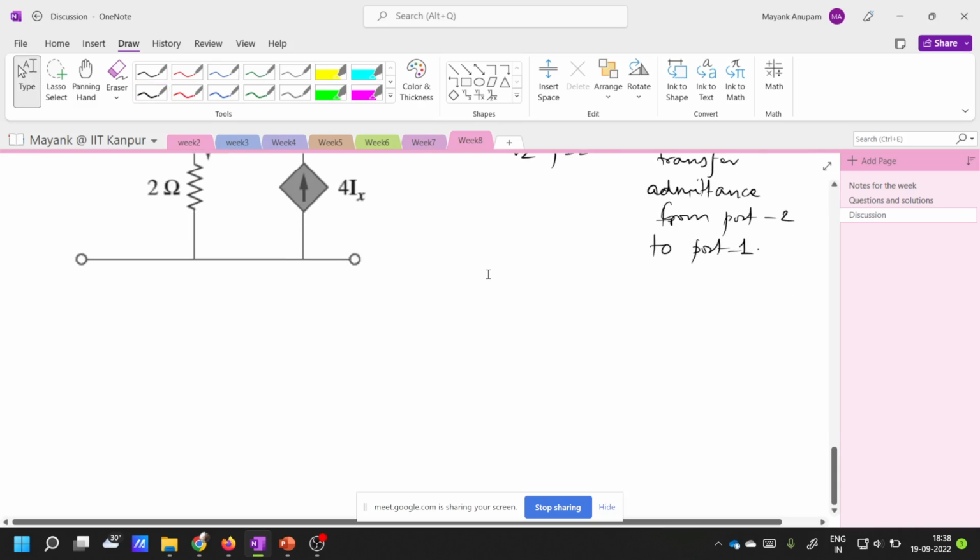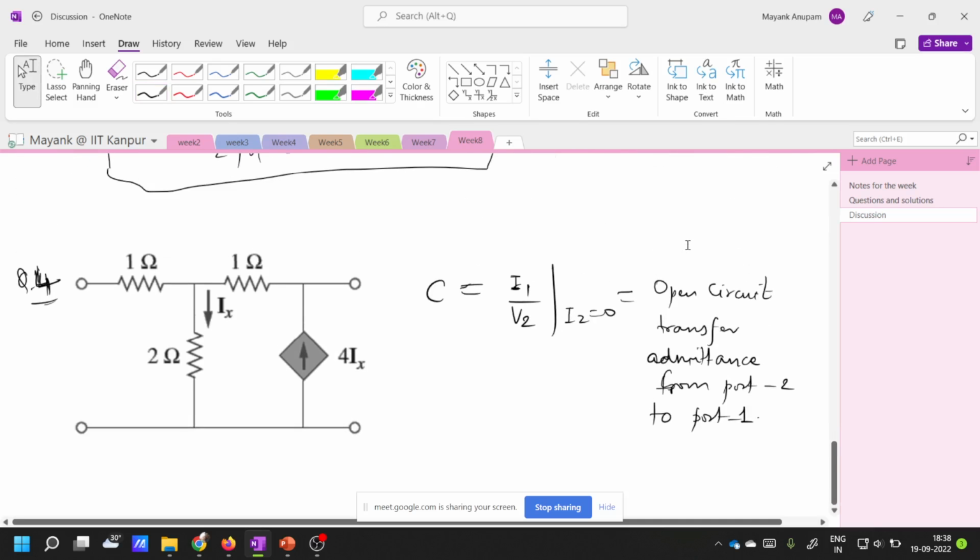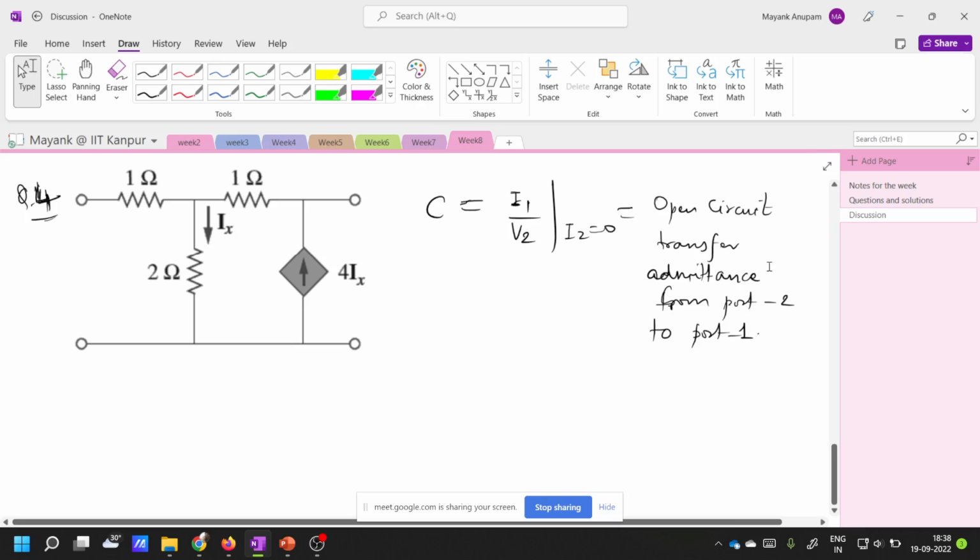Okay, I guess by now you are very comfortable with the terminology here. The terminology that is written here is consistent with what I have been explaining till now. Fine. So what does this mean? You have to open circuit the second port, right? I2 is this one. This is I2.